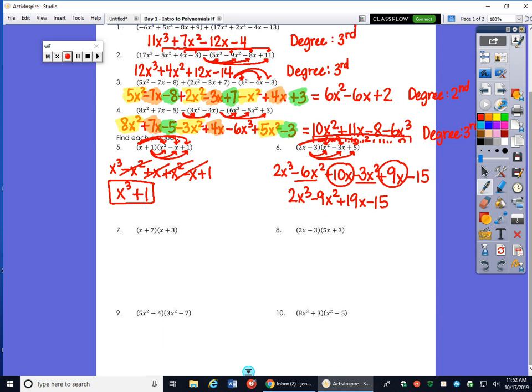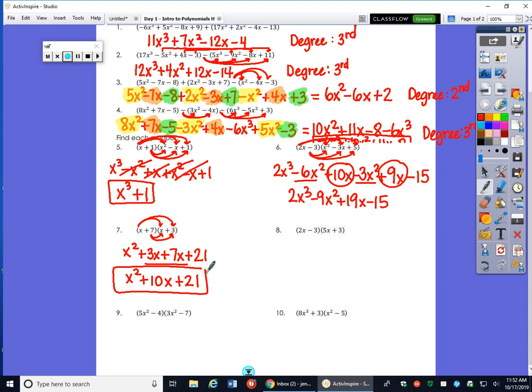For the next ones, again, you can distribute, but not as much this time. So x times x is x squared, x times 3 is 3x, 7 times x is 7x, and 7 times 3 is 21. These two get added together to make 10x, and so your answer is x squared plus 10x plus 21.